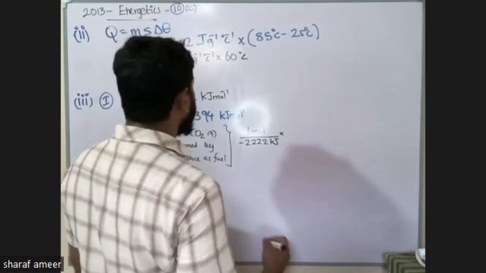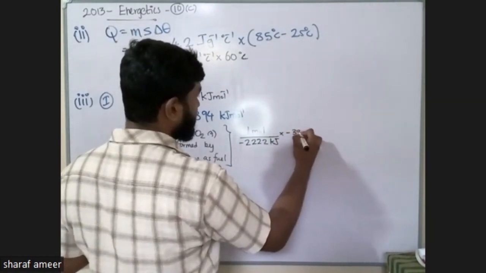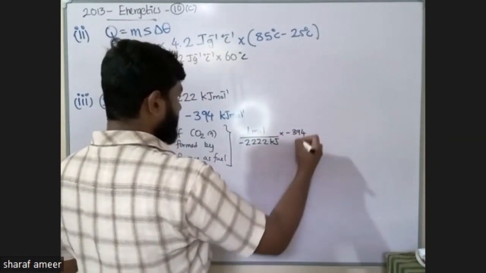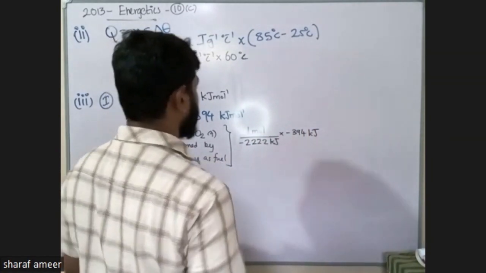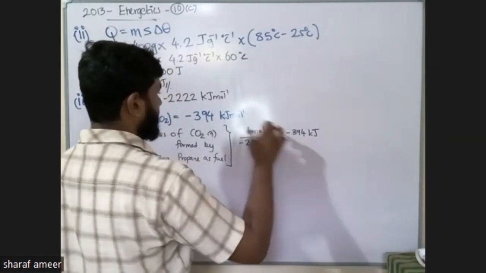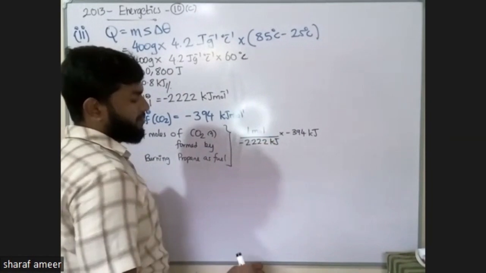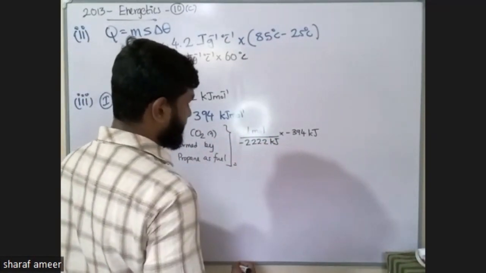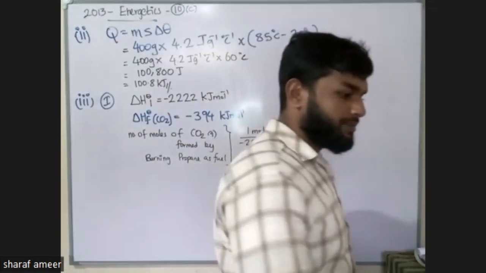So therefore, how much CO2 is formed? So number of moles of CO2 formed by burning this much amount of propane from the combustion itself. So therefore, I will simplify this using a calculator.